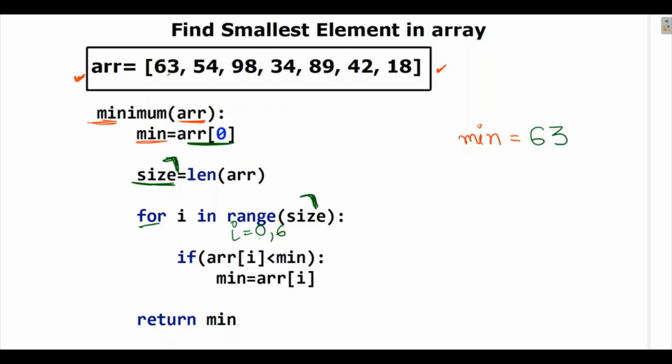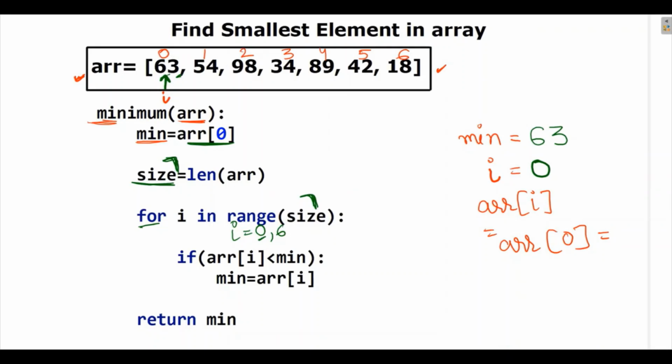So first of all, I will be 0. And ARR[I], that means 0th index is 63. I'll define index over here. So now I is pointing towards 0th index.